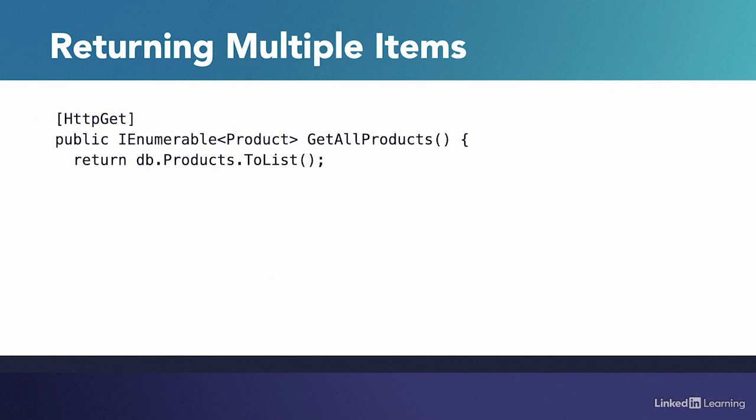So we have the HttpGet attribute, the method name starts with Get, and it just returns a list of the products. So Db is our database context class. This gives us the list of products, and we just convert it to an array or to an IEnumerable. So the method just returns a list of products, basically. And this list is then automatically serialized into JSON, as we'll see shortly.